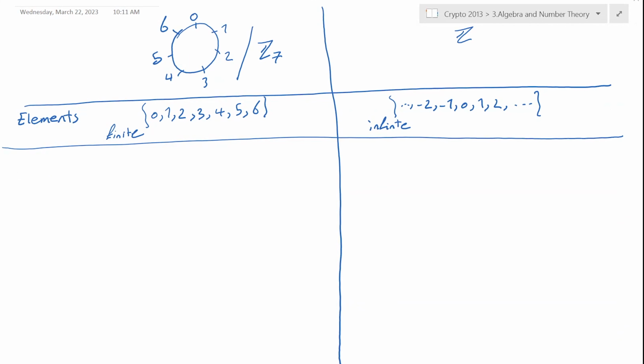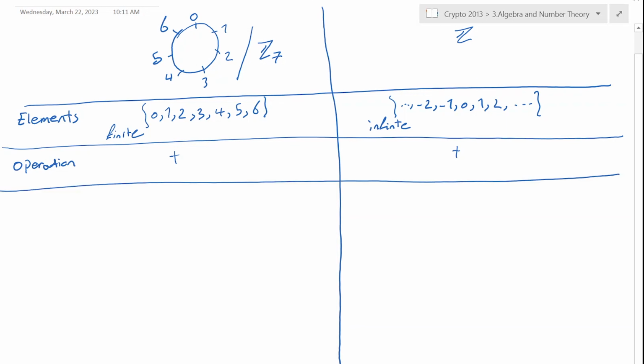Then we talk about adding: if you're at 1 o'clock, we add 2 more hours and so on and so forth. So we were talking about some operation. In both these sets, we have the operation plus, addition. We can take 2 elements from either of these sets.